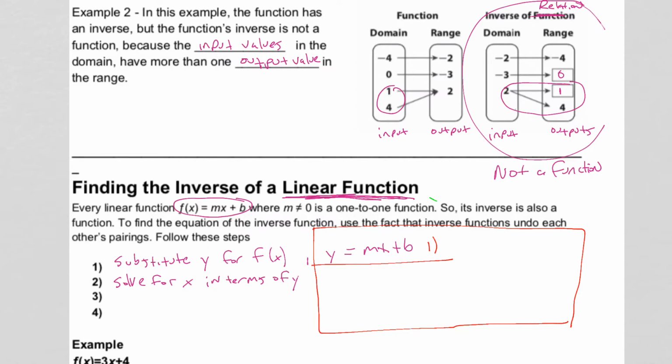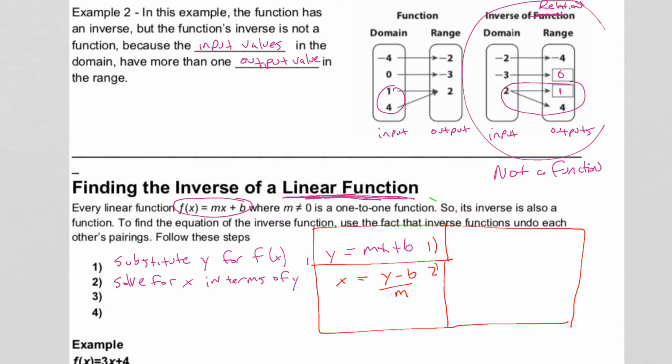Now solve for x in terms of y. I'm going to have to subtract b from both sides and divide by m, right? So x is going to be equal to y minus b divided by m. So this was step 1.